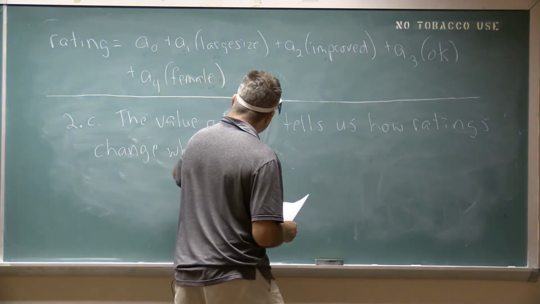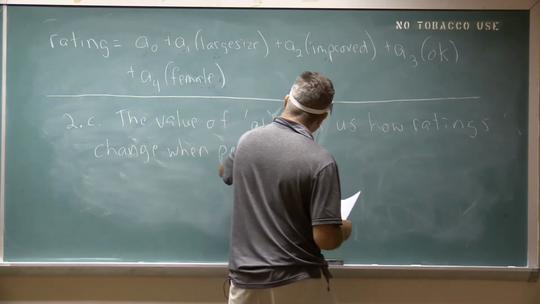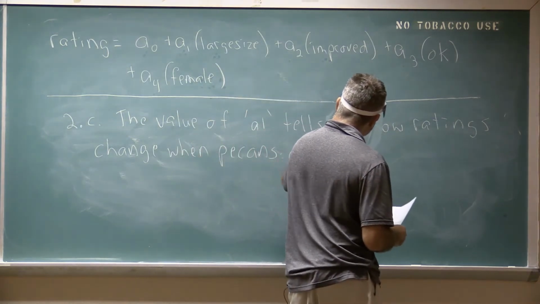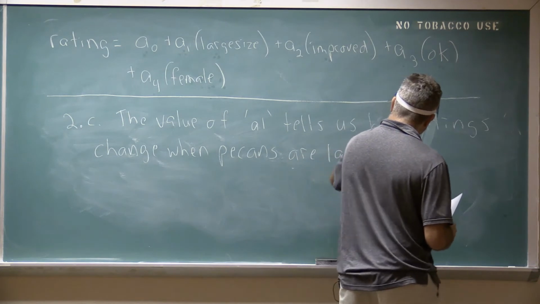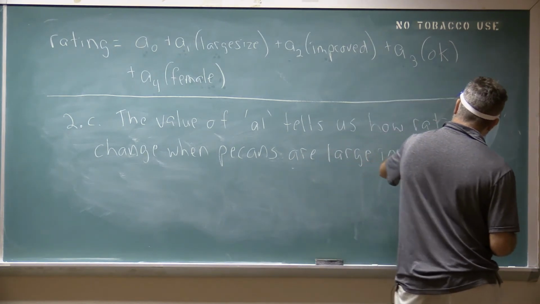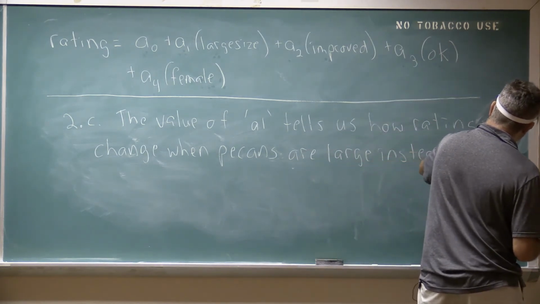It tells us how the ratings change when the pecans are large instead of small.